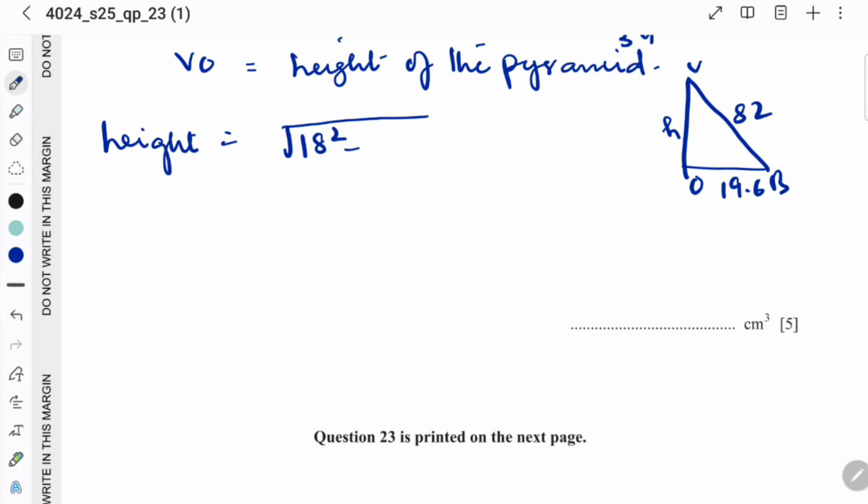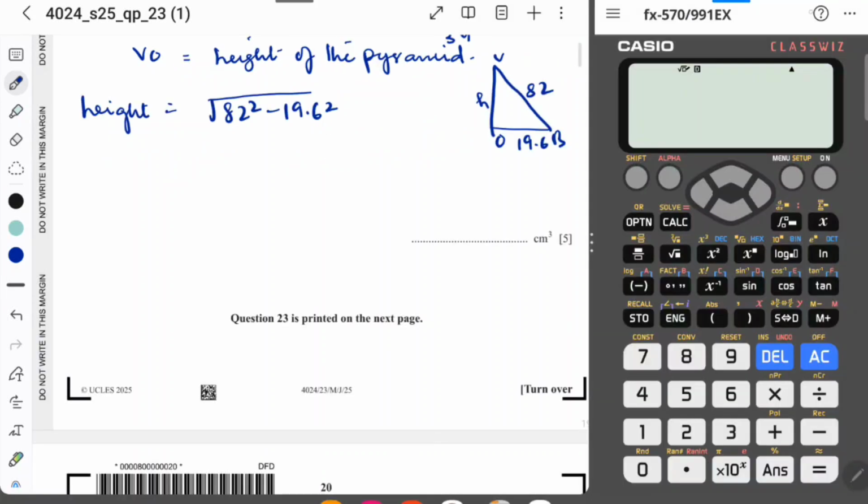So it's 82 square minus 19.6 square, that is equal to 79.62.